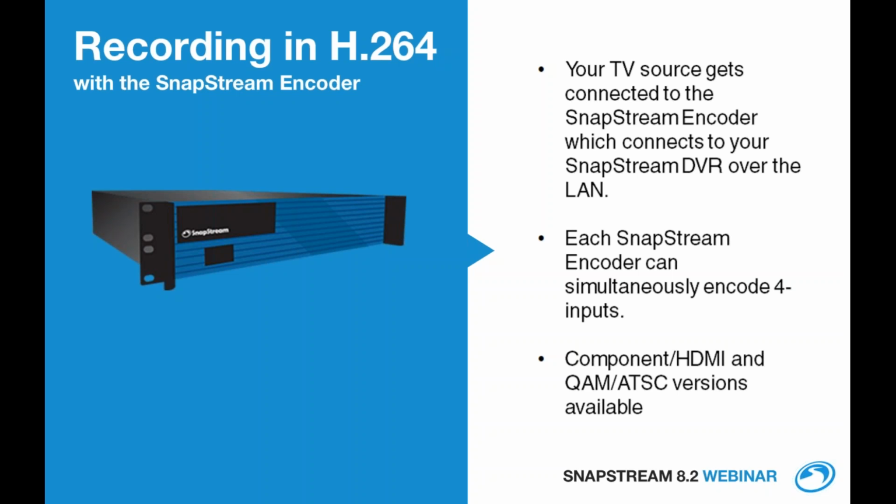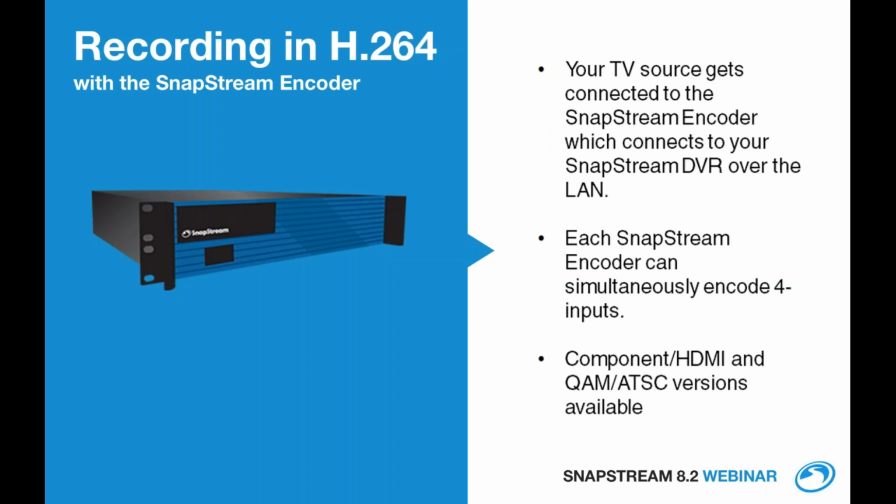And the really beautiful thing about the encoder is that you are actually going to be able to record H.264 at essentially similar quality as you were at MPEG-2, with about half the storage needs as MPEG-2. So your archive depth with H.264 is going to be almost twice of what you were recording at MPEG-2.